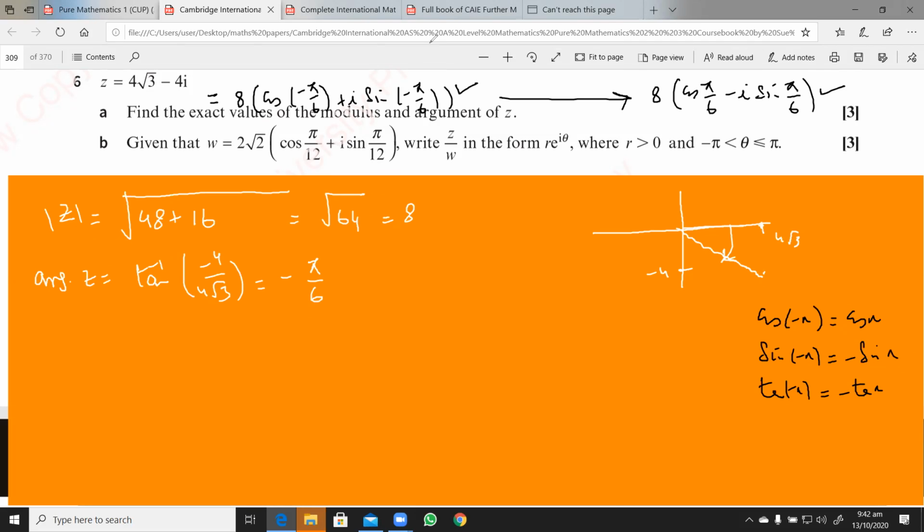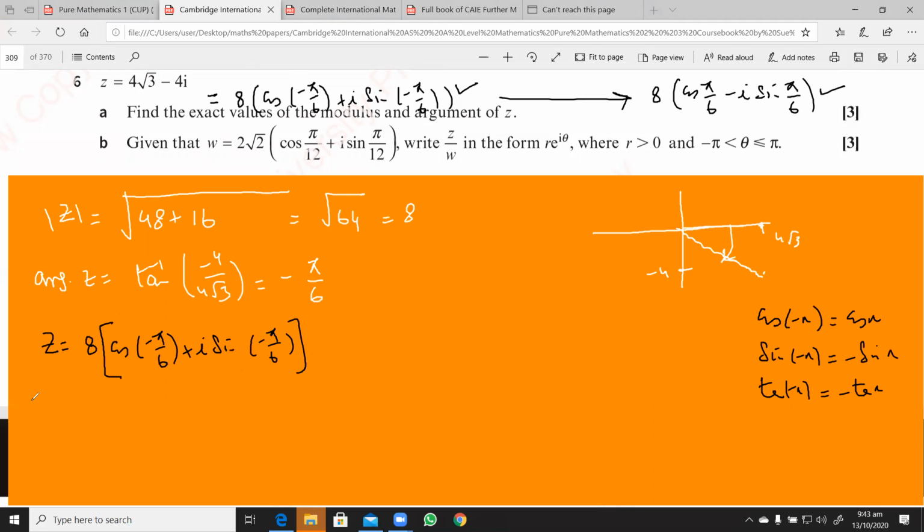Now, if you people allow me, z is going to be 8, and then, though I have written it up there, cos of minus pi by 6 plus iota sine of minus pi by 6. Okay?